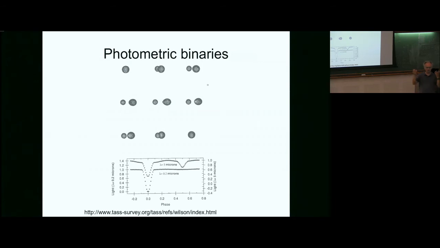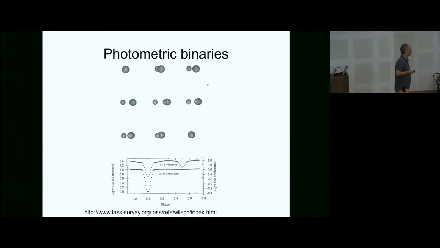So this is an important thing, that you should be able to measure the relative size of the eclipsing stars. And of course, for the eclipsing binaries it goes without saying that you have a pretty good idea what the inclination of the system is. If you see eclipses, it's in the plane, close to 90 degrees.